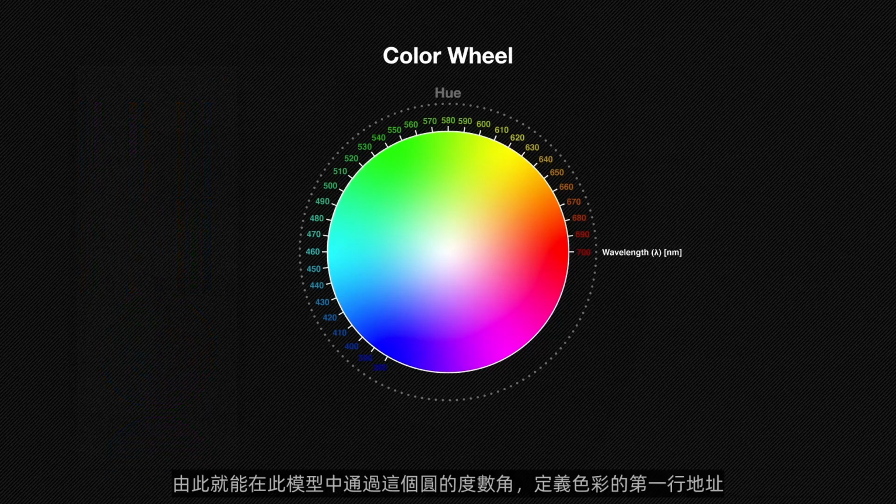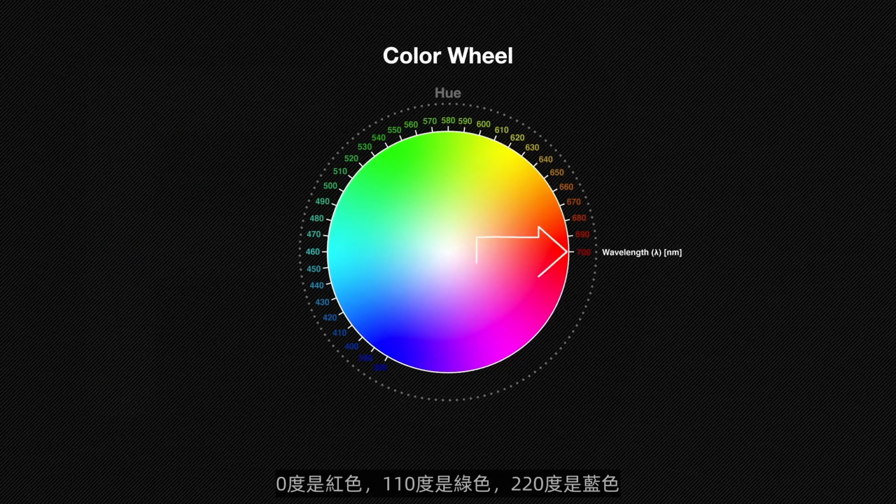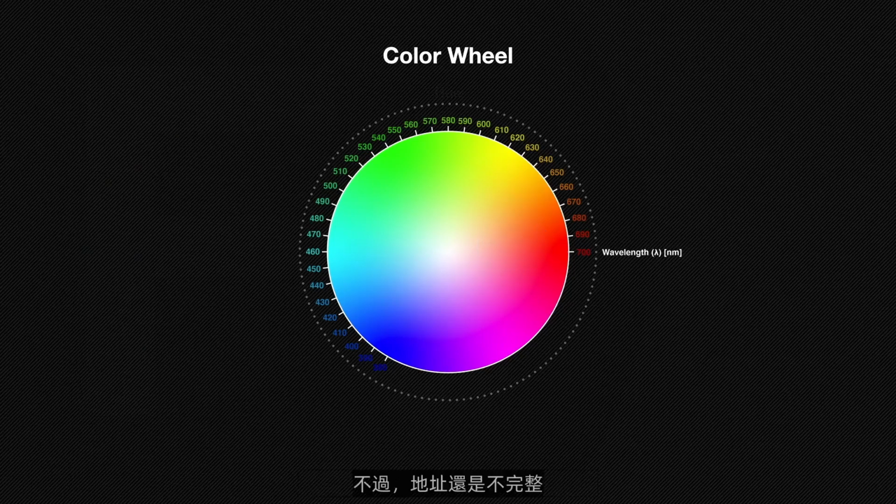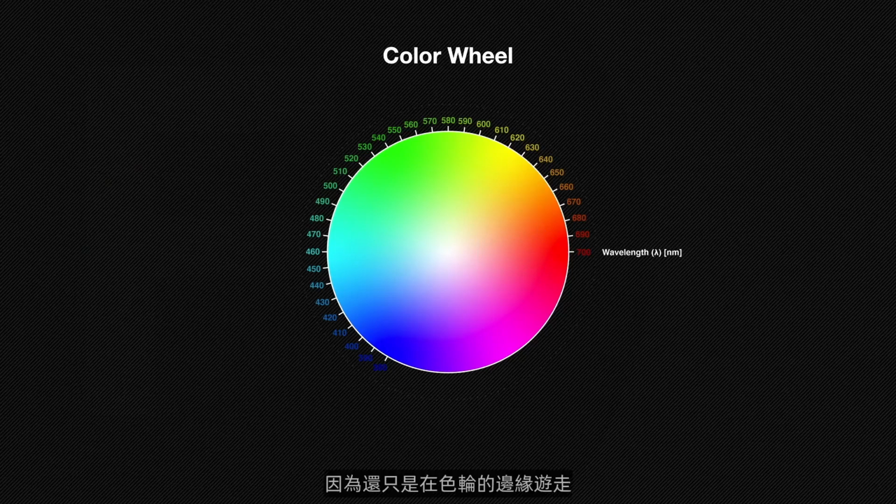So in this model, we can define the first line of the address of a color by a degree angle of this circle. 0 degrees is red, 110 degrees is green, 220 degrees is blue, and at 360 degrees, we are back at red again. Still, the address is incomplete because we are just running on the edge of the color wheel.